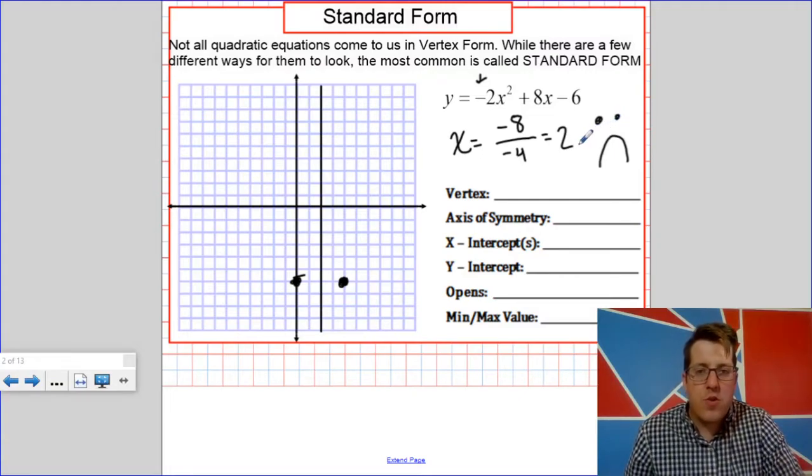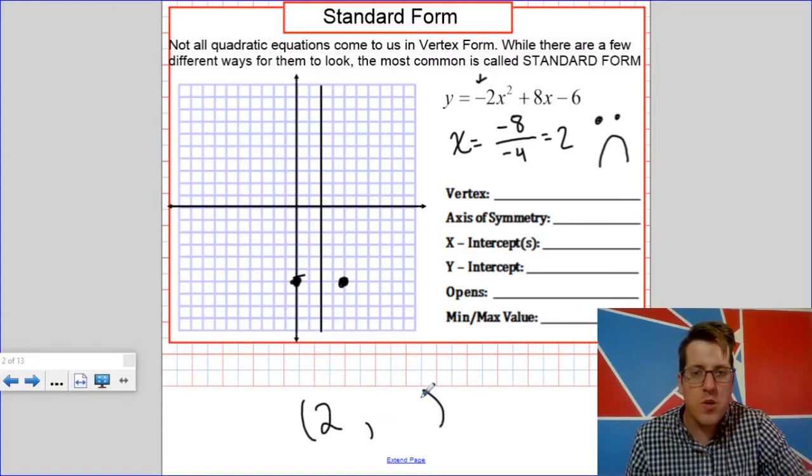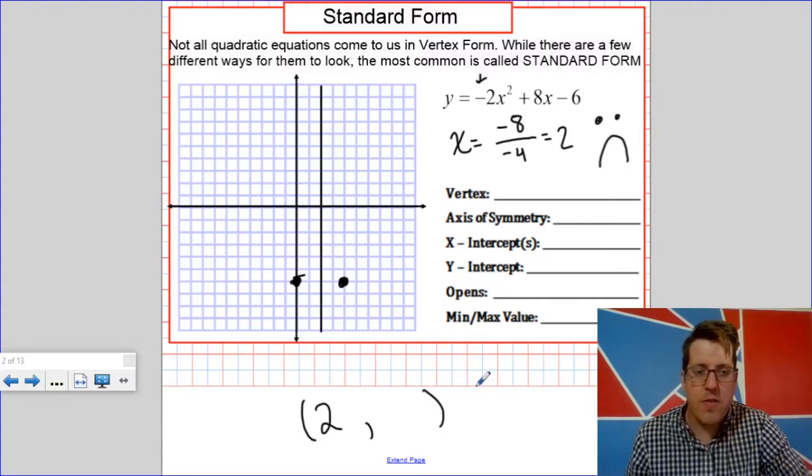If you want to, you can use the 1, 3, 5, 7 rule from here, and you can try and intuit your way backwards to where the vertex would be, or you can take that x-coordinate of the vertex and plug it into the equation. Sorry, the x-coordinate of the vertex, not the x-intercept. It might be the x-intercept, but not necessarily.